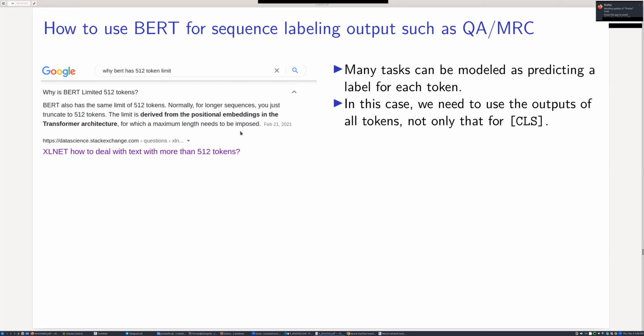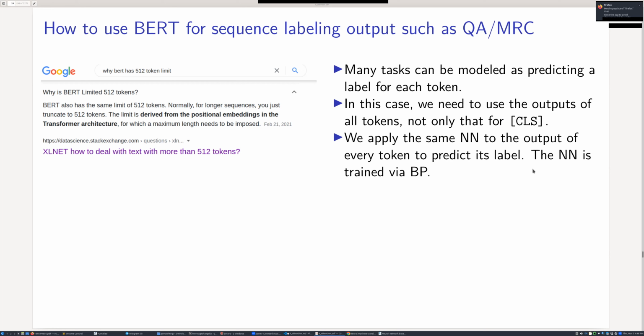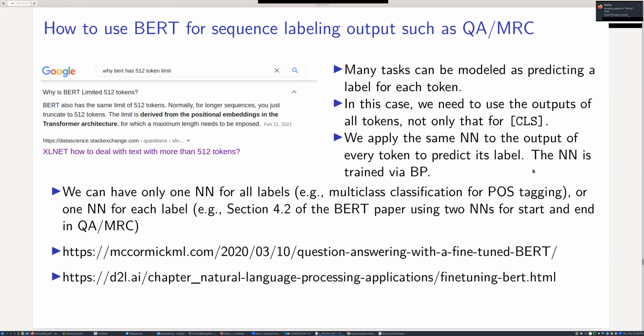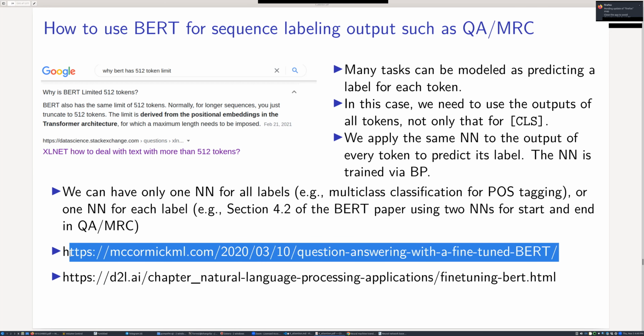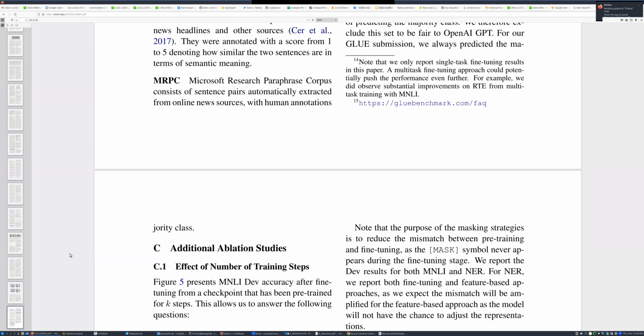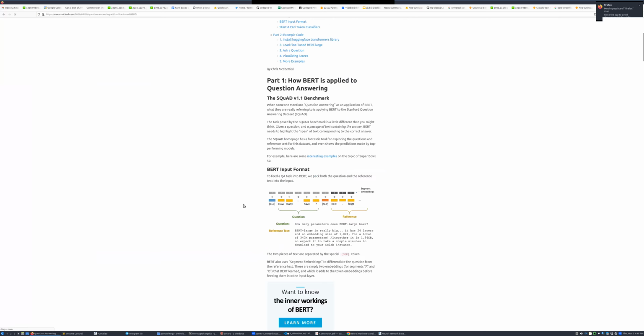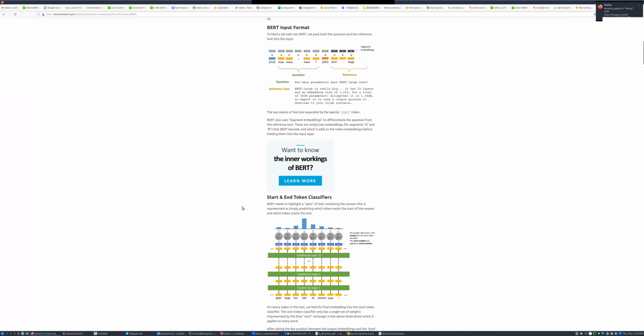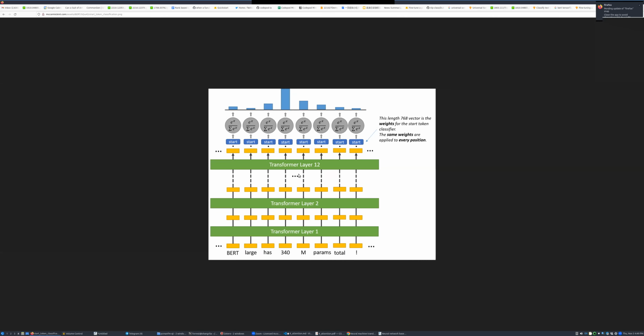In this case, we need to use the output of all tokens, and not only those on the CLS token. So what you do is, I think I have a picture to show how to do it. Yes, good. Let's look at the picture on this web page. This is a very good picture.